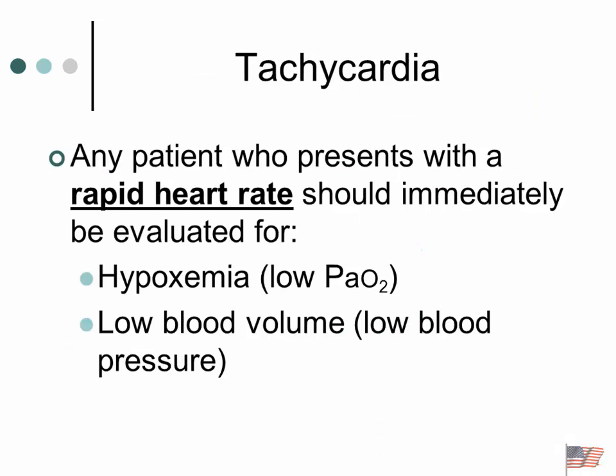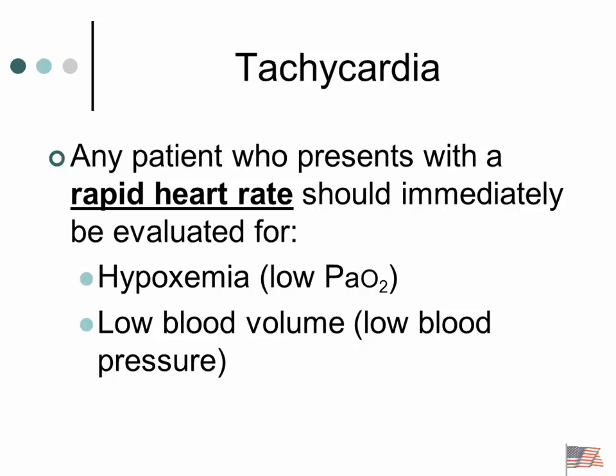We'll talk about heart rate in a second, because a rapid heart rate is usually there for one of 2 reasons. One is a reduction in oxygen levels. The body's first response is to increase the respiratory rate and increase the heart rate. The second is blood volume. If my blood volume is low, my heart rate will increase as a compensatory mechanism.